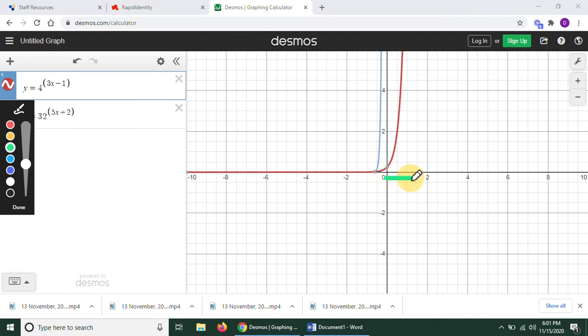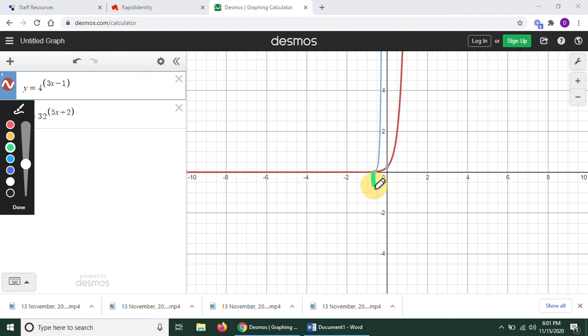We want where the two graphs meet. This vertical line here is the y-axis. What I want is where the two graphs meet.